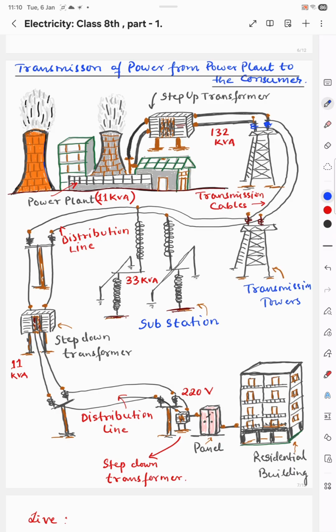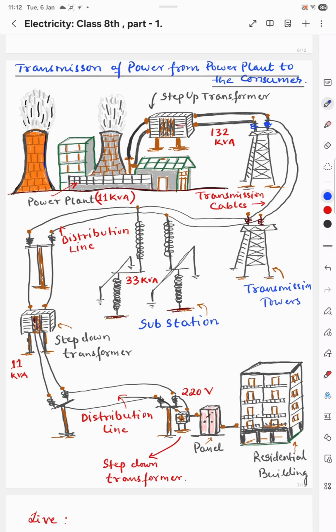When it comes to the residential area, the amount of power we require is basically up to 220 volts. So this 11 kVA is further stepped down to 220 volts. This 220 volts power is given to the distribution panel, and from the distribution panel this power reaches our home, or basically it reaches the consumers.